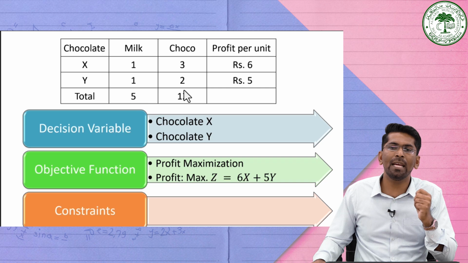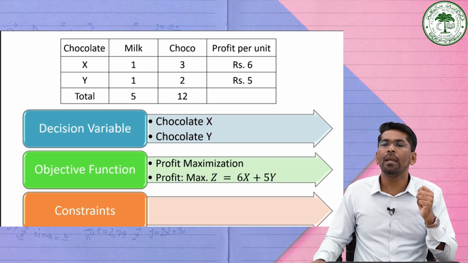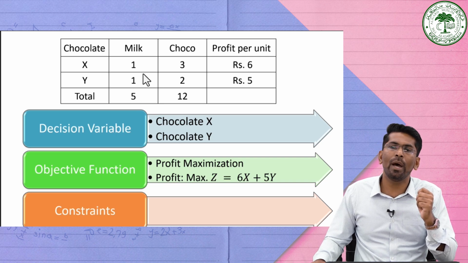So as per our example, each unit of chocolate X and Y requires 1 unit of milk, and the total amount of milk available is only 5 units. This is one of the restrictions.